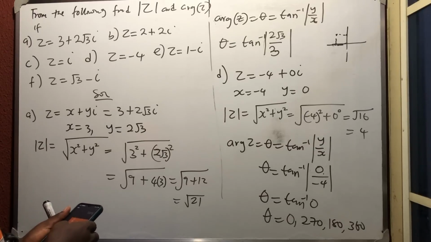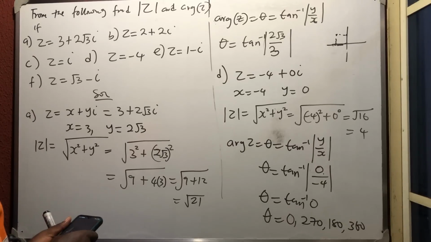Tan 270. Okay, tan 180, so not in radian. Tan 270, tan 180, tan 360.